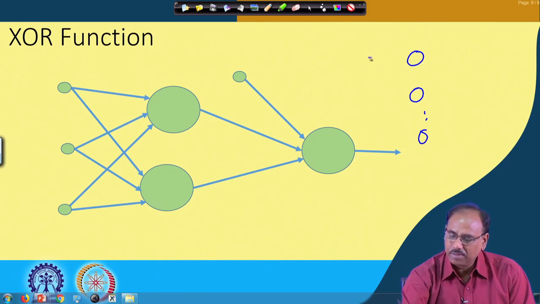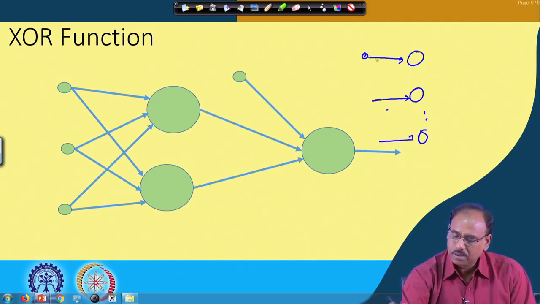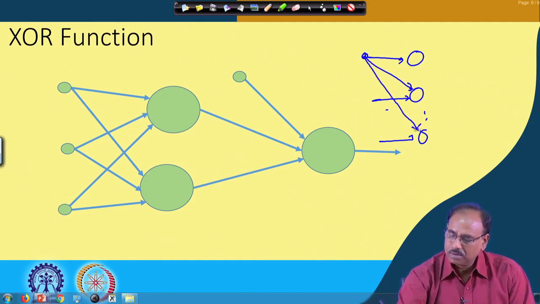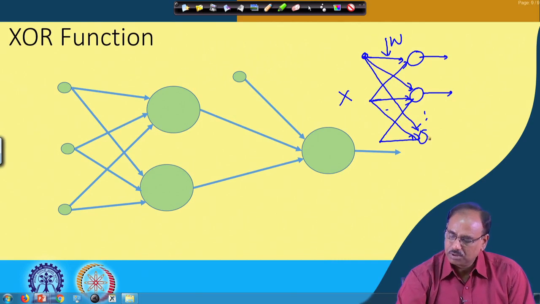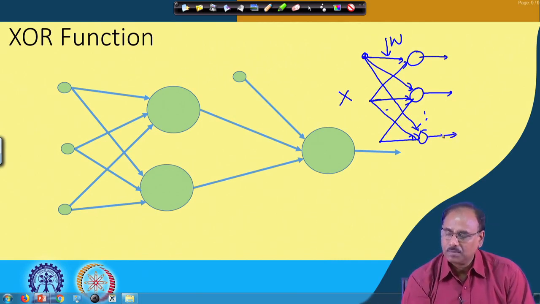Here I have the weight vectors, something like this. So, here I have x, and over here we have a set of weight vectors for this neuron, a set of weight vectors for this neuron, a set of weight vectors for this neuron.